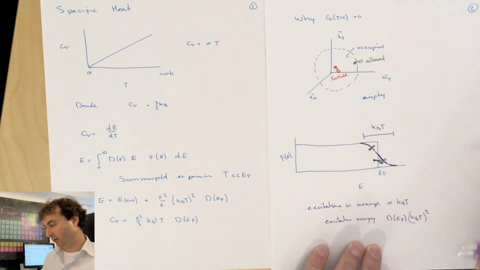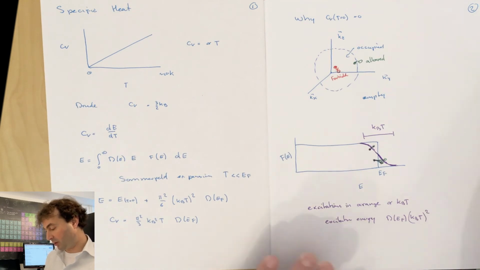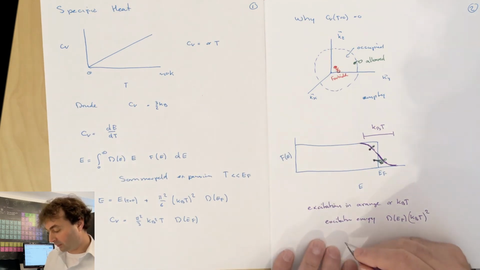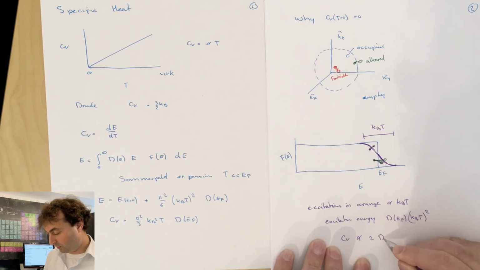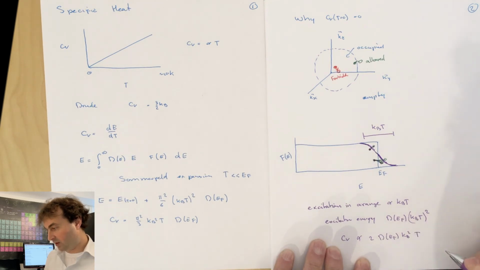So the total energy is the density of states at EF times K Boltzmann T squared, and therefore the specific heat should be proportional to the derivative with respect to T of that, which is 2 times the density of states times K Boltzmann squared T.